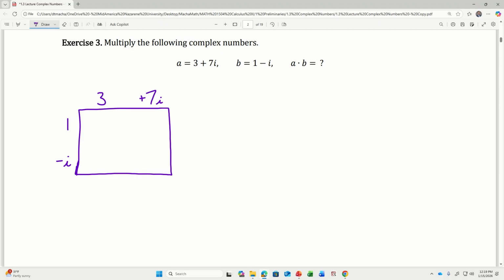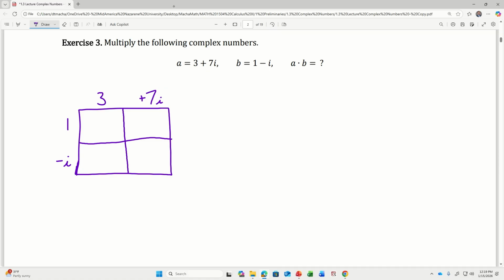Now I just need to find the area of the rectangle. And we can find the area of the rectangle by subdividing it into these 4 rectangles, and I can find the area of each one by multiplying the side lengths.